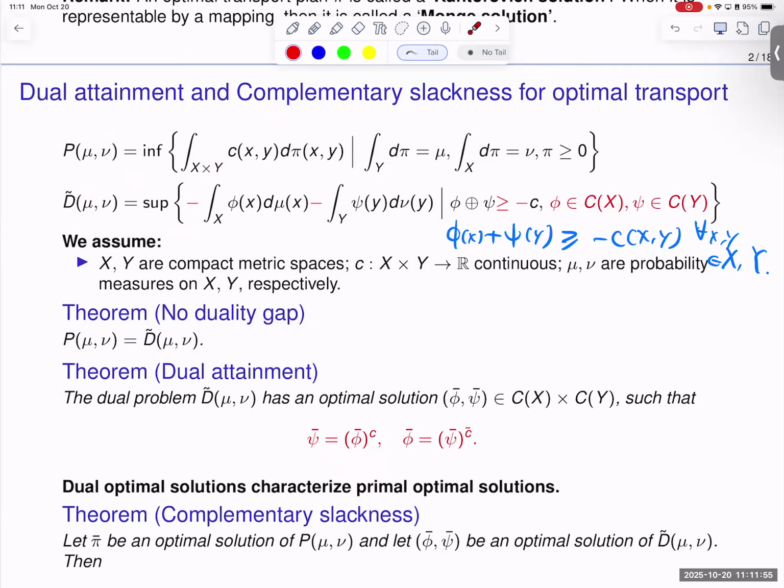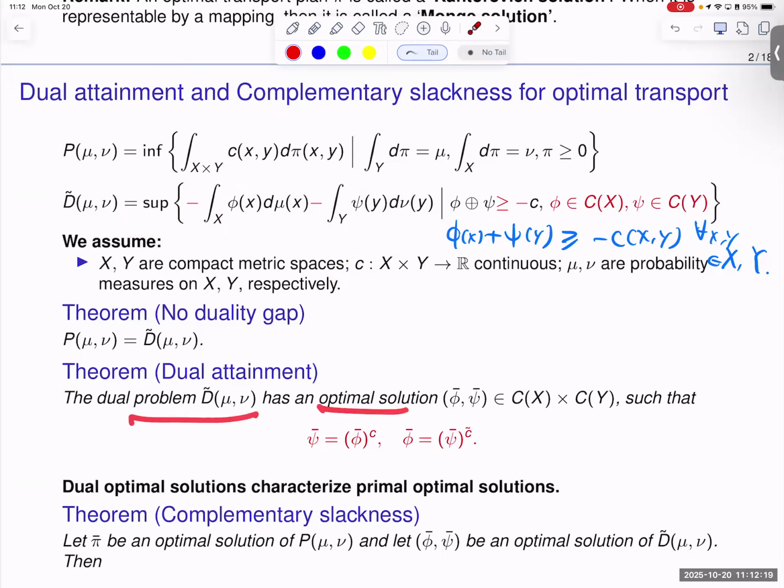Of course, we are assuming that X and Y are compact metric spaces and c is a continuous function and so on. And then there's dual attainment, which means these dual potentials have optimizers. So you have optimal phi and psi realizing this supremum value.